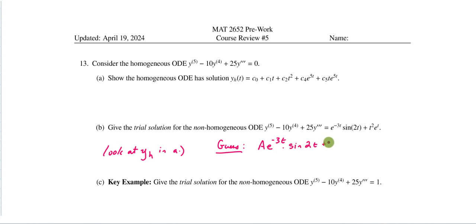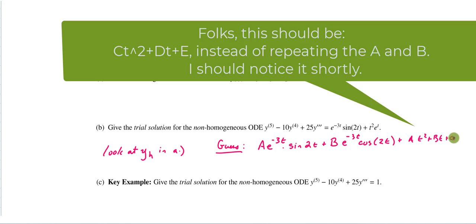So the other thing that could show up is an expression that looks like B e to the minus 3t times the cosine of 2t. And then here, as I think about taking derivatives of this product, we could have quadratic terms, linear terms, and constant terms show up in my product rules, but all of them would be multiplied by e to the t's. So there's my guess here for y sub p, and I should have written y sub p equals.